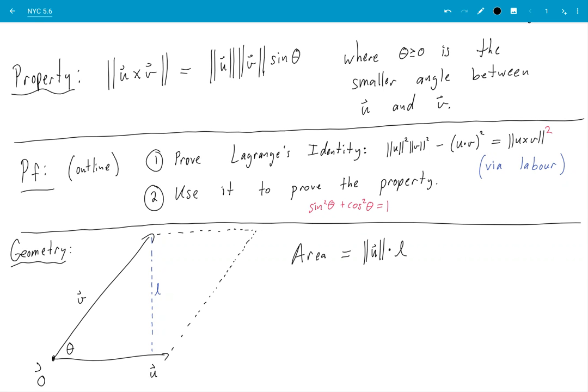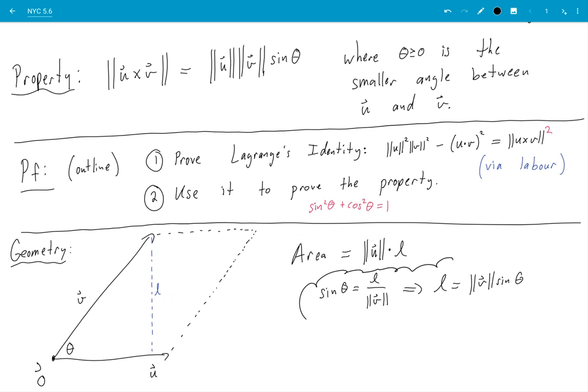Now, what's L? I'm going to use some trig here. L is V sine theta. Sine theta is, SOHCAHTOA, opposite L over hypotenuse V. So L is equal to V sine theta.